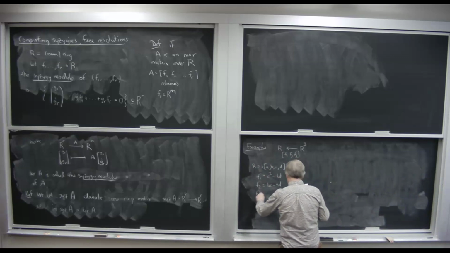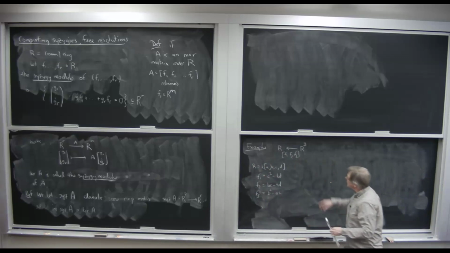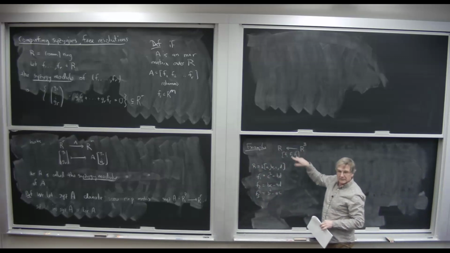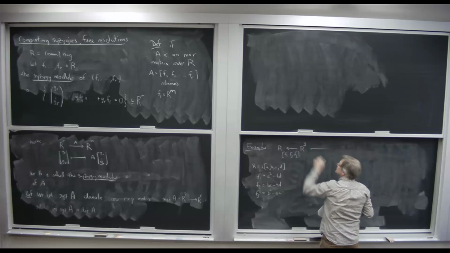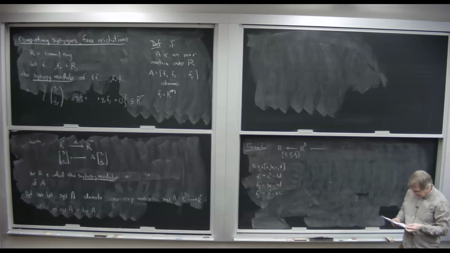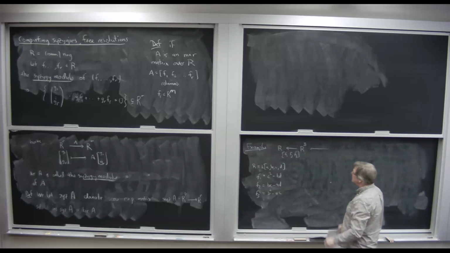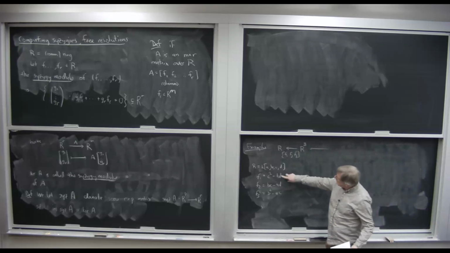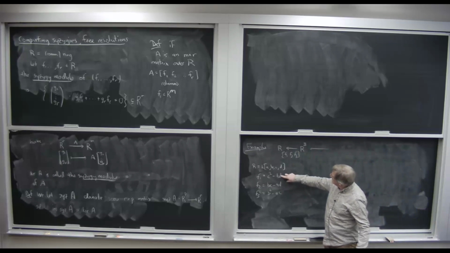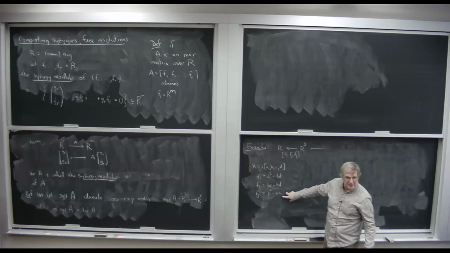And F3 is going to equal B squared minus AC. So I have this map from here to here, and the kernel is going to be sitting inside of here. What is the kernel of this? What are the relations on this? I want the vector of 3 polynomials that dot to 0 with this thing, basically.